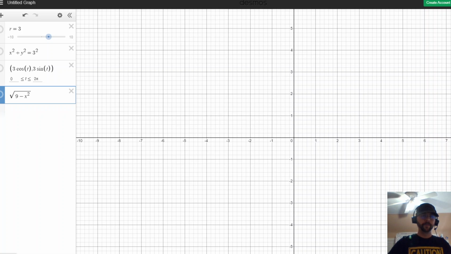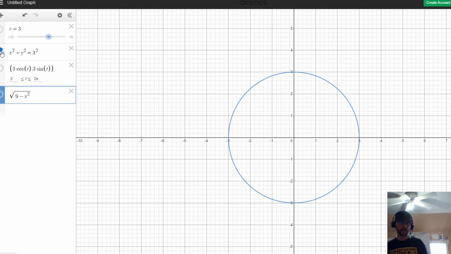So I already wrote out all of the things, but the second one here, x squared plus y squared equals 3 squared, is the standard Cartesian coordinates, where the horizontal axis is x and the vertical axis is y.